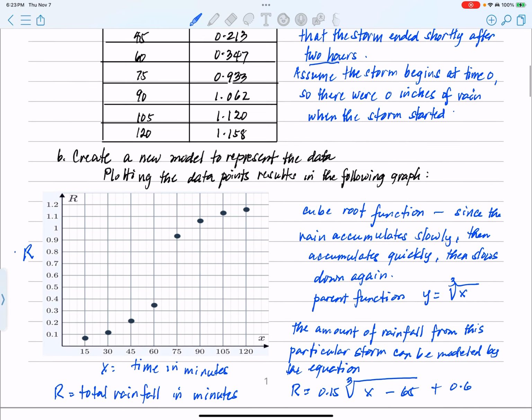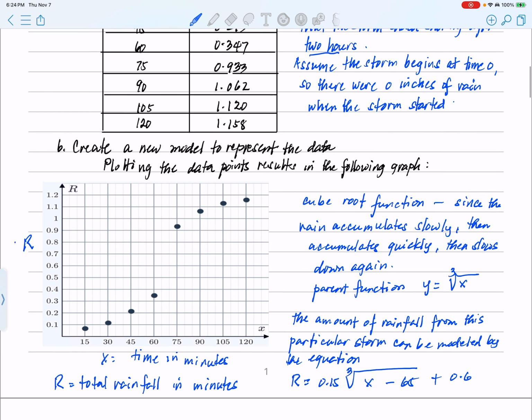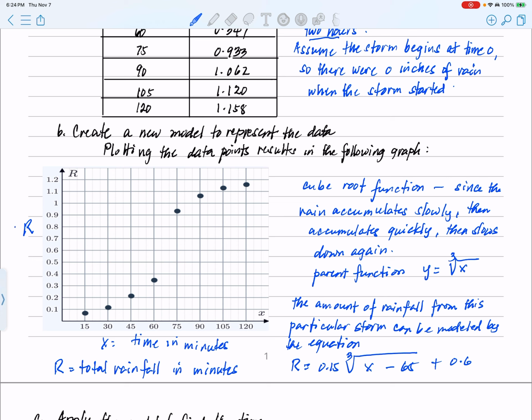The next step is to create a new model to represent the data. You were given the data in the table, but this form may not help us determine the specific times when the rain accumulated faster or slower.